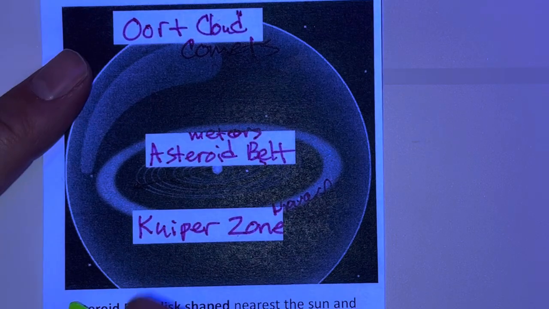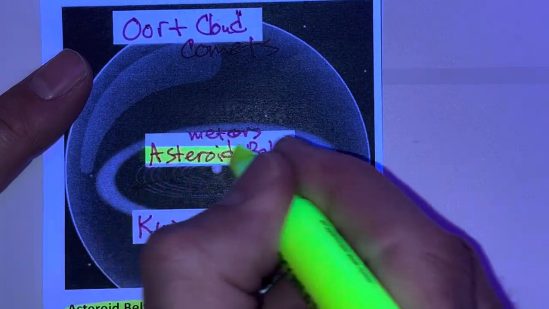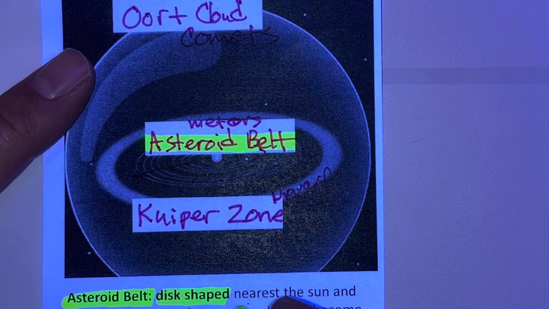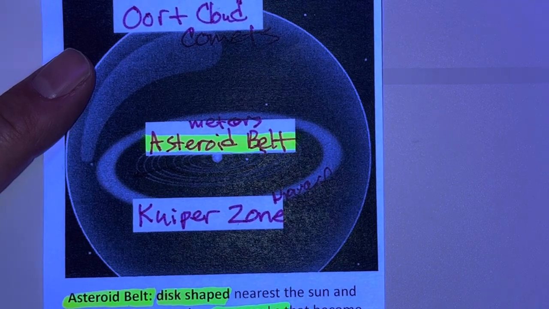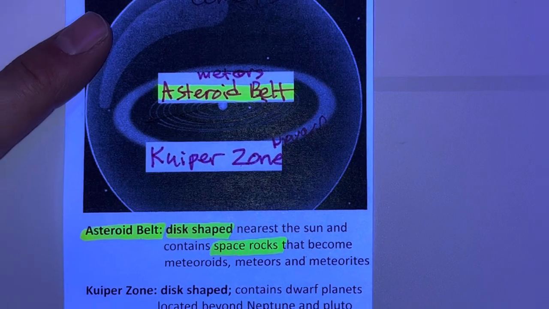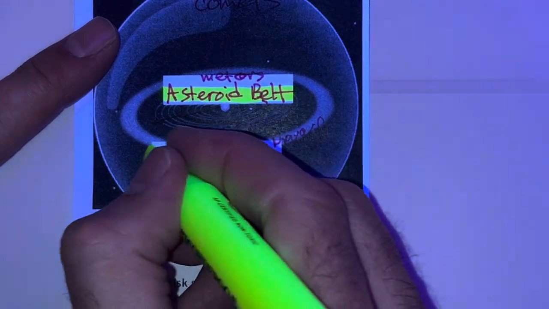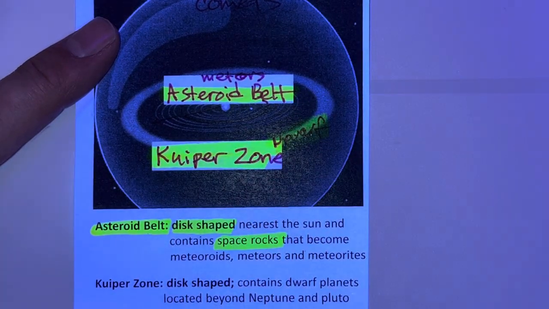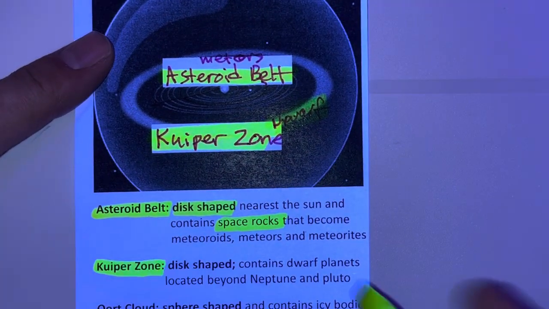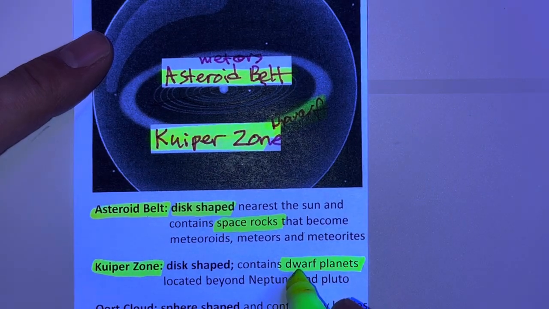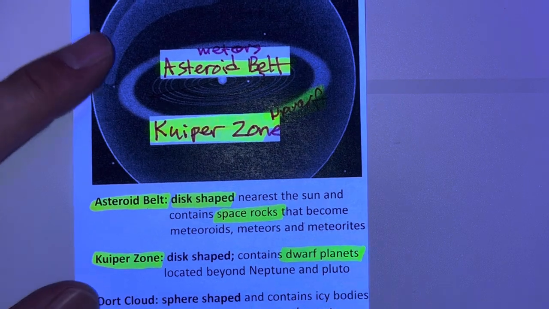All right, so the asteroid belt is disc-shaped, and it contains the space rocks. Now we move out to the Kuiper zone. In the Kuiper zone, we have mostly icy frozen bodies, but these are the big rocky ones that are dwarf planets.